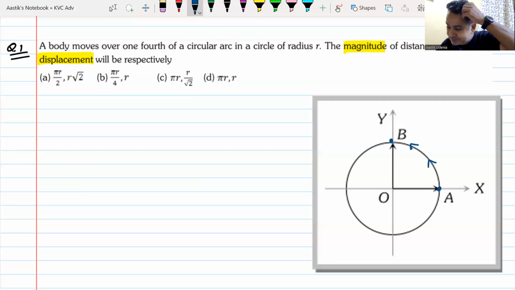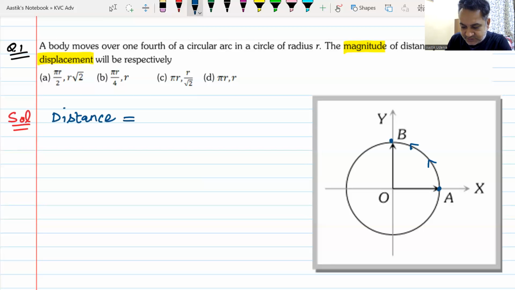Any idea? What is the answer? What is the distance traveled? I have moved from point A, which is my initial position, to point B, which is my final position.